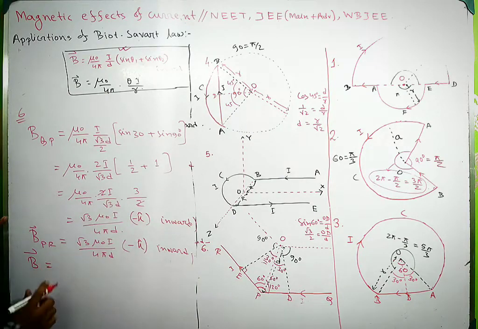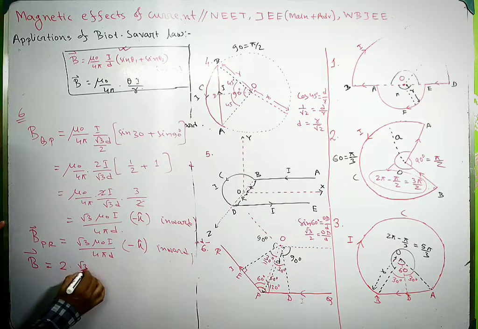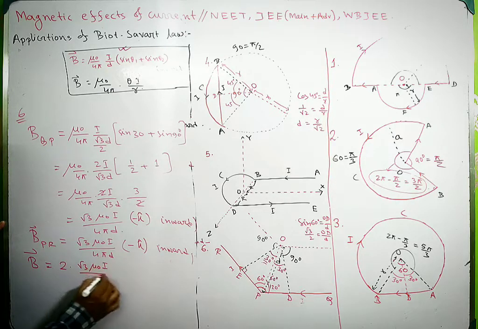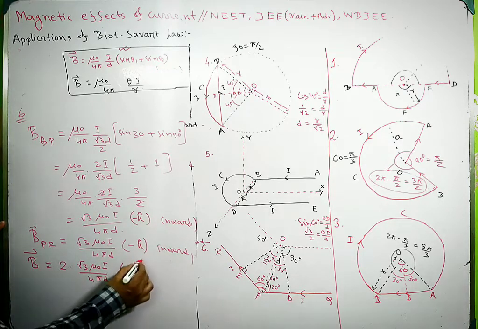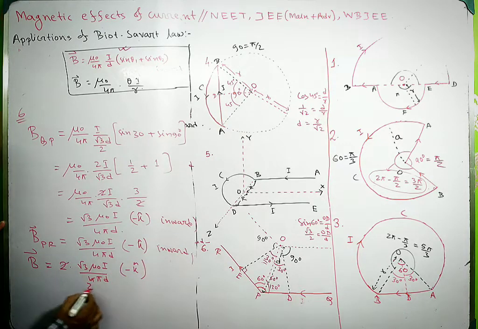Both are in the same direction, so the total magnetic field is 2 multiplied by root 3 mu 0 I by 4 pi D, which is inward. So this simplifies to root 3 mu 0 I divided by 2 pi D, inward.